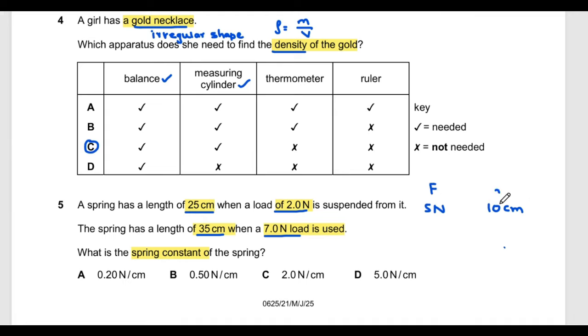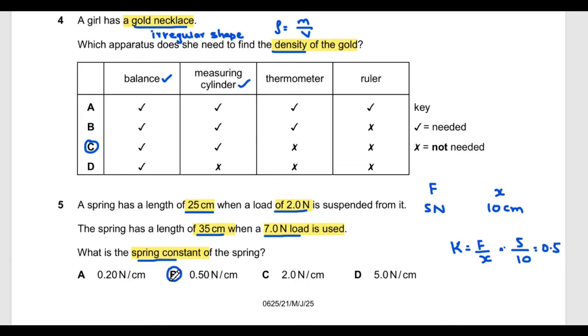So this is force and this is extension. Now to get spring constant, we can use Hooke's law, which says that spring constant is equals to load divided by extension produced. So the load is 5 Newton and extension produced is 10 centimeter. Dividing them both, it would be 0.5.